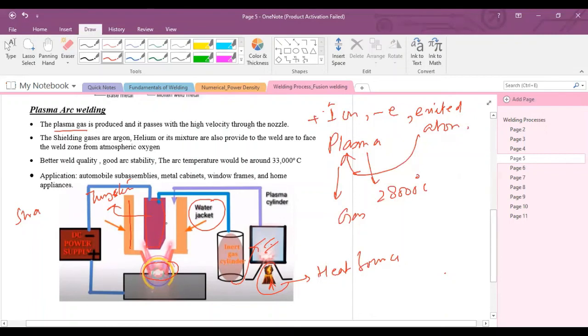The high temperature plasma gas will pass through this welding torch, and when this plasma comes in contact with this electrode, a non-transfer arc will generate between this nozzle and electrode.